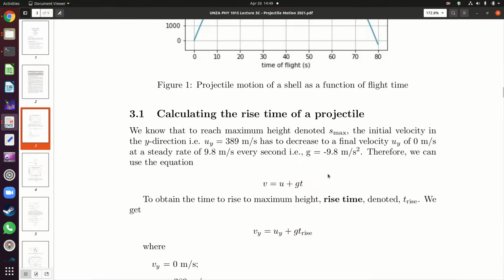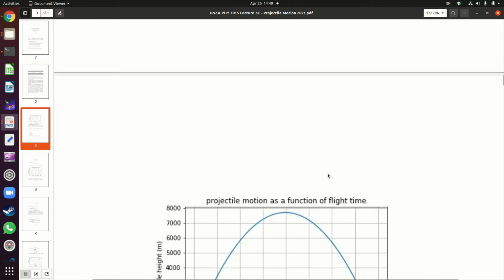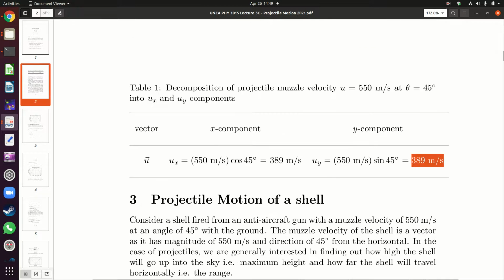So basically, once we have found out how much is the launch velocity in the x direction, it is 389, and how much is the launch velocity in the y direction, it's 389, we concentrate on what's happening in the vertical direction. For the time being, we forget about the x direction, because you can always predict what's going to happen in the x direction if things are constant.